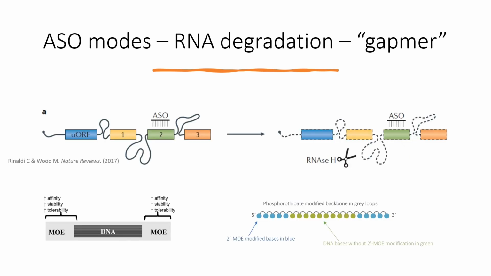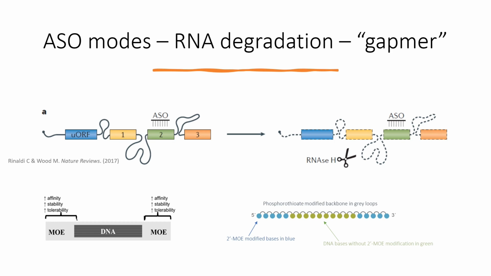With respect to the therapeutic mode that we selected, we chose ASOs. We chose them because there are different modes that ASOs can work in: they can cause upregulation, they can direct splicing, and they can also reduce RNA through this so-called gapmer mode.